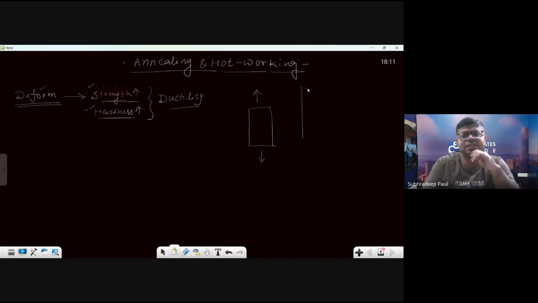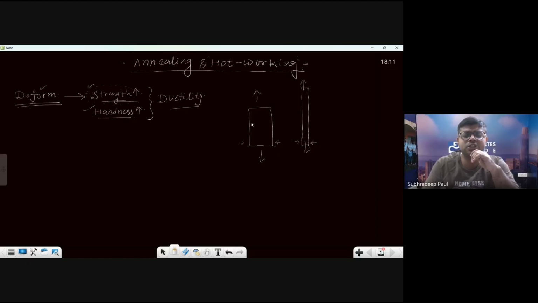It is going to change the shape of the specimen, but the specimen is not going to break. With more and more elongation, there is going to be a reduction in the area of the specimen. That is why here we have shown the specimen elongated and thin, because there has been substantial reduction in its area.